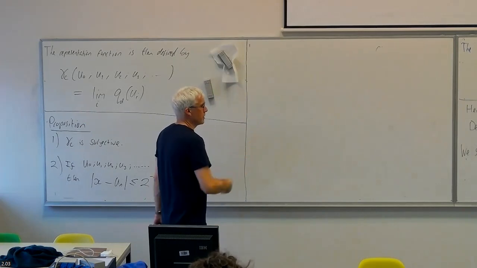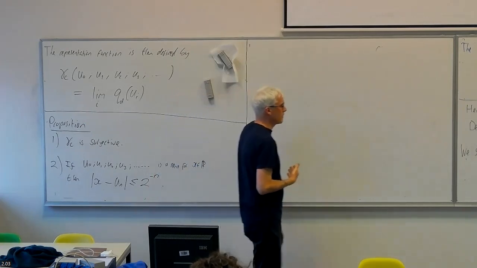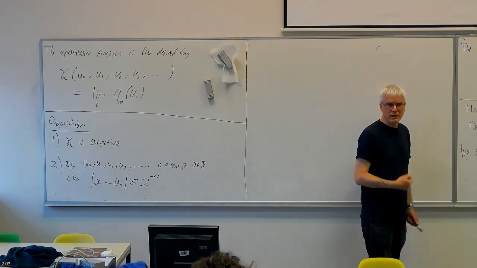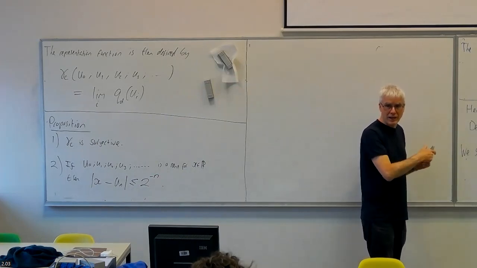We had the notion of a computable infinite sequence. We now have the notion of a type 2 representation. We have a type 2 representation of the reals, and we say a real number is computable if it has a computable name.